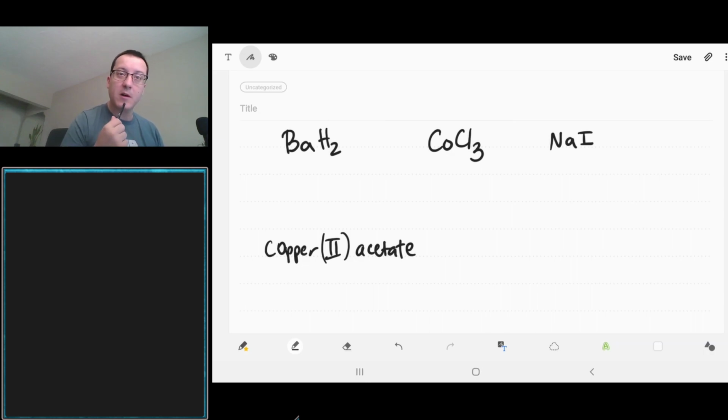Would be another fun one. Let's see. So you guys, those of you who are awake in here, go ahead and put the answers for these in chat. For the first three, give me a name for those compounds, and then, in addition to the copper 2 acetate, I'm going to put maybe another one.